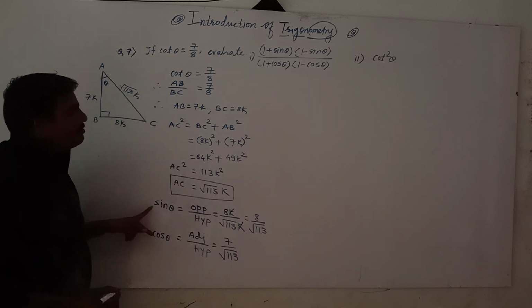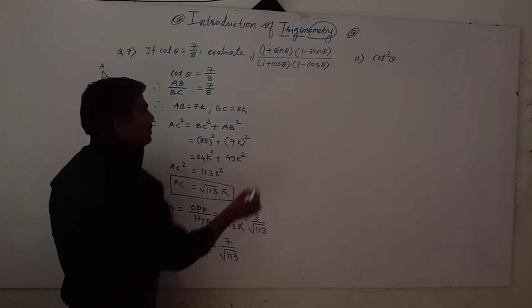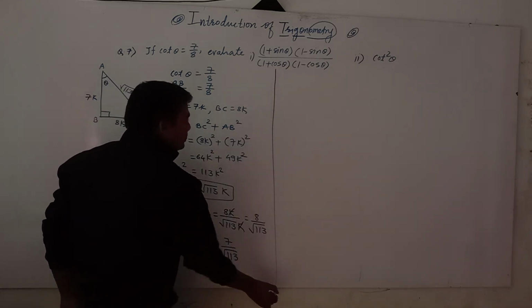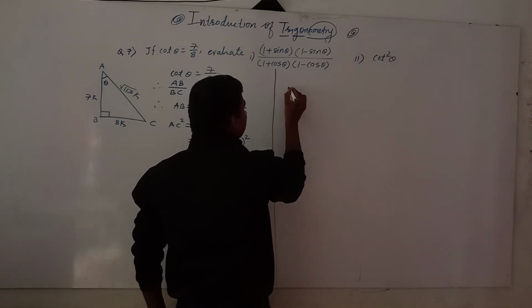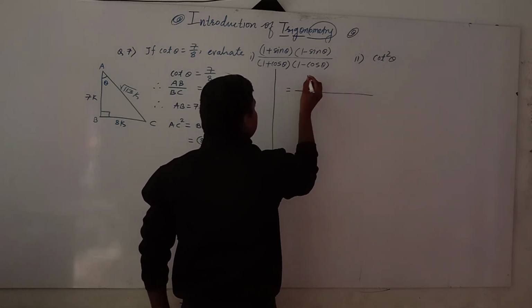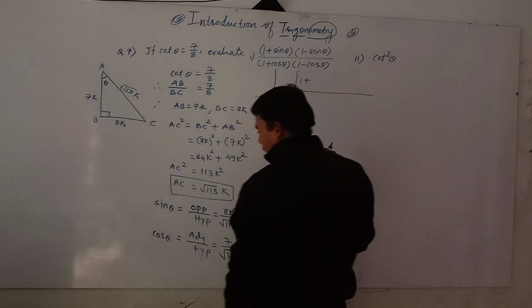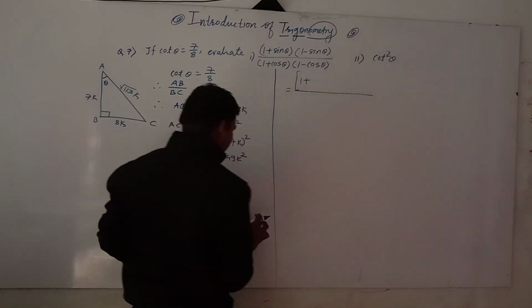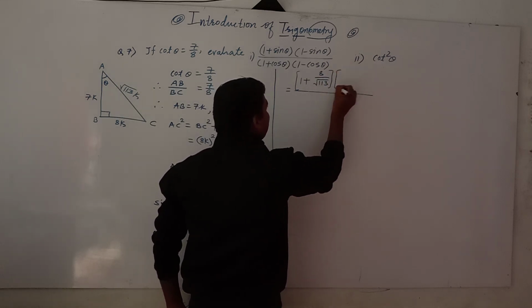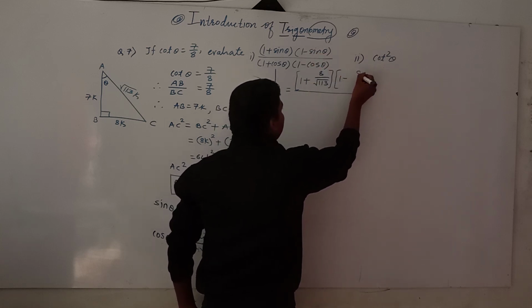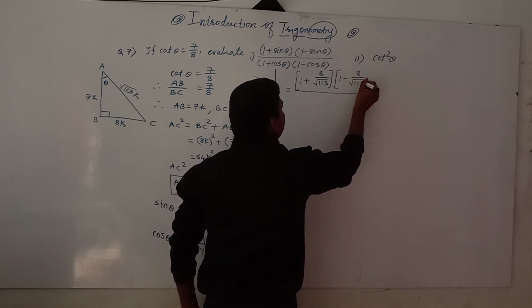Now I want to put these values in the expression. 1 plus sin theta, where sin theta is 8 upon under root 113, and 1 minus 8 upon under root 113.